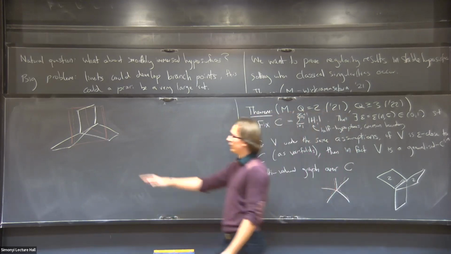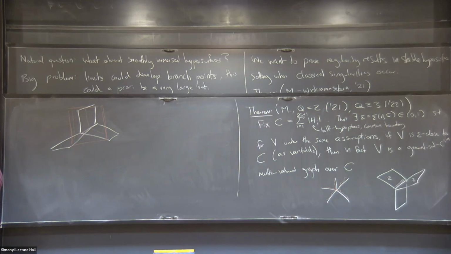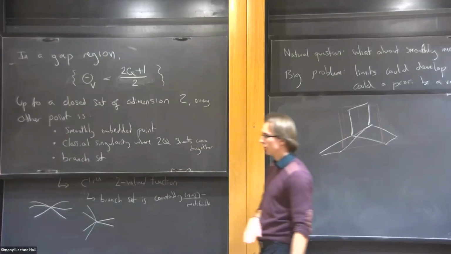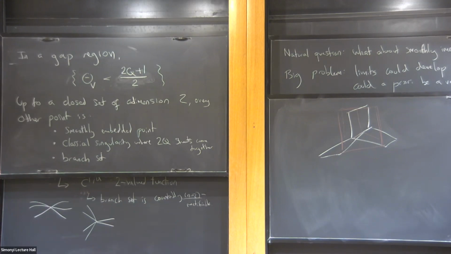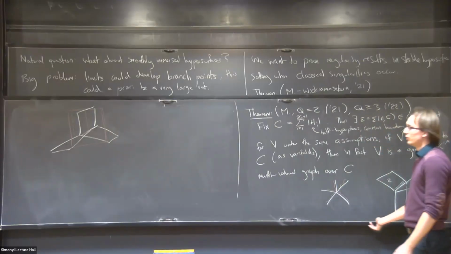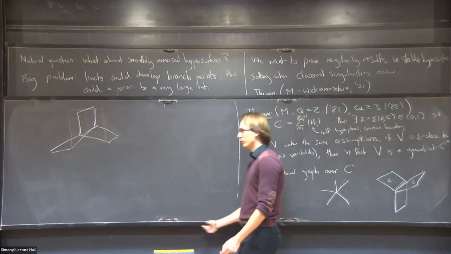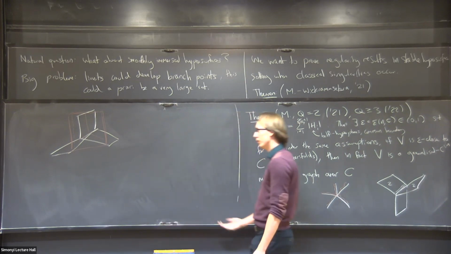So in this red wedge, every point is smoothly embedded, or it's a classical singularity, or it's the branch point, which has got this nice sort of Lipschitz graph structure, if you will. Now, there are other similar arguments in the literature to deal with this, but not when you have this big branch set.